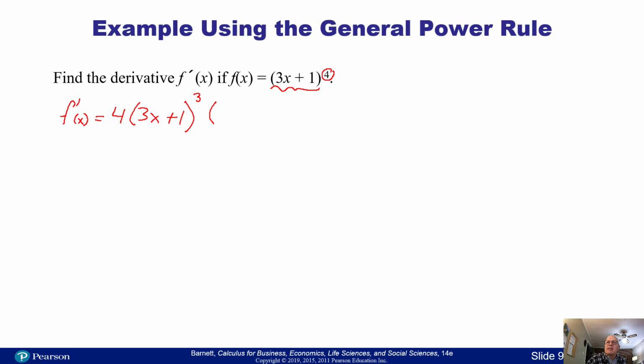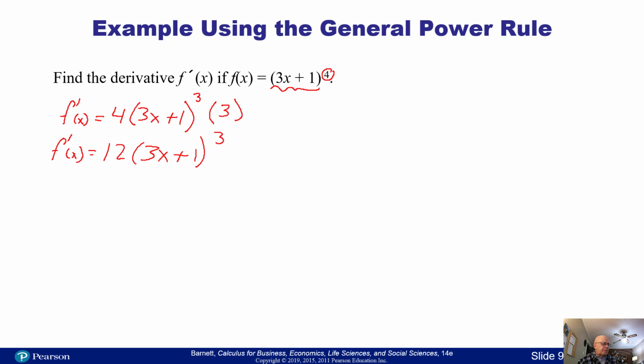The derivative of this part would be a 3. And there's our derivative. A little bit of cleanup work at the end here, because we can multiply the 3 times the 4 and get 12 times 3x plus 1 cubed. There you go.